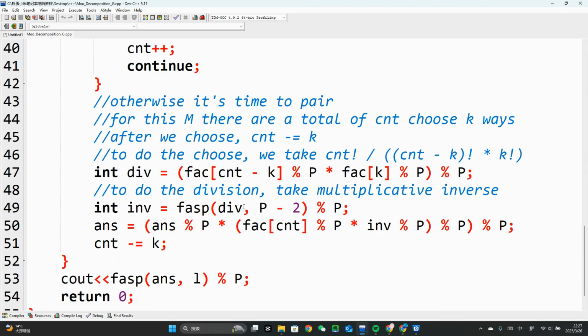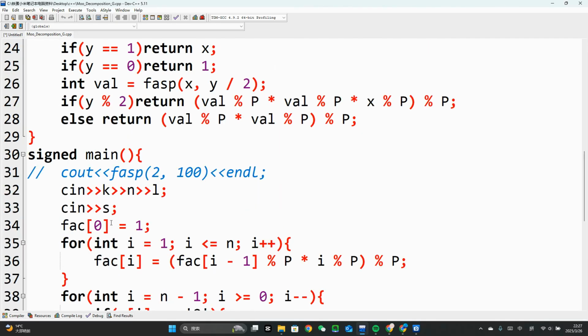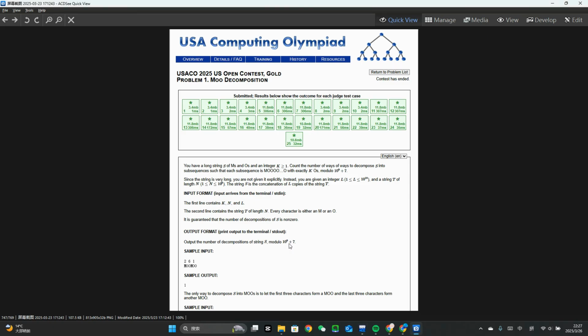We have a bunch of strings, and the first key notice is that it is guaranteed there is at least one way to decompose it. It is guaranteed that the number of decompositions of S is non-zero, which means that the ratio between the number of M and the number of O in this sequence has got to be fixed, right? Think about it.